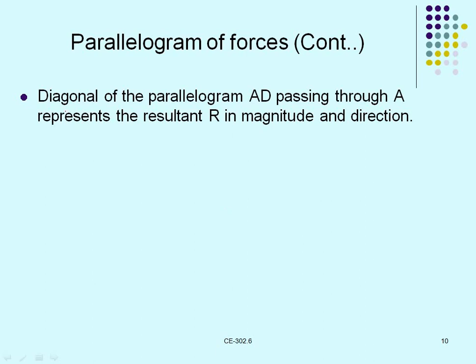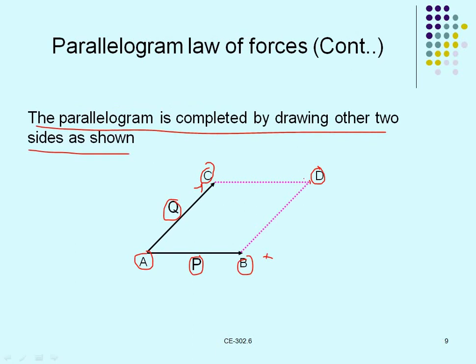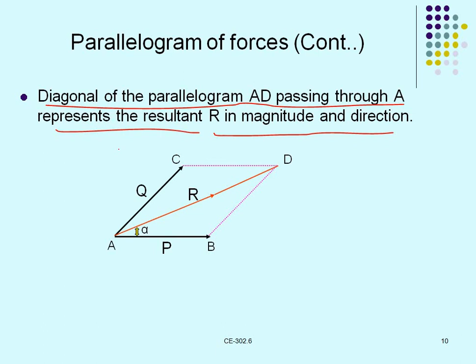The diagonal of the parallelogram AD, passing through A, represents the resultant R in magnitude and direction. So this is A and this is D, and the point D represents the resultant R. This is our resultant R direction.